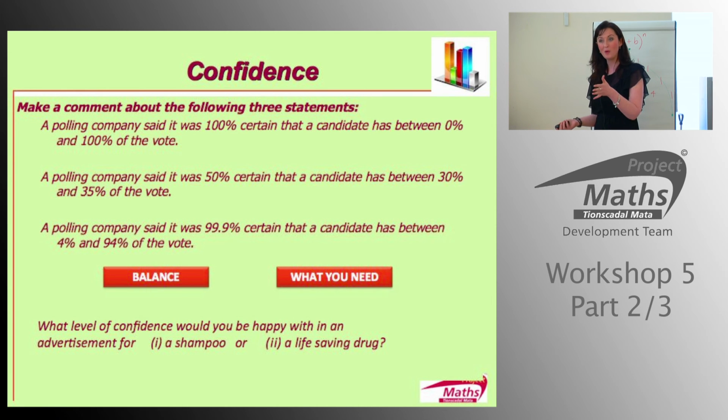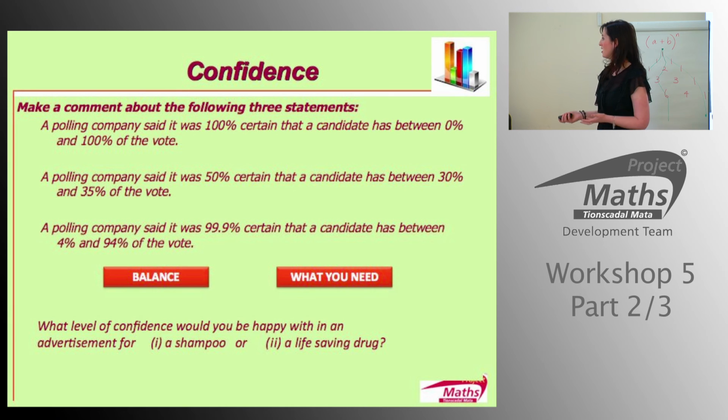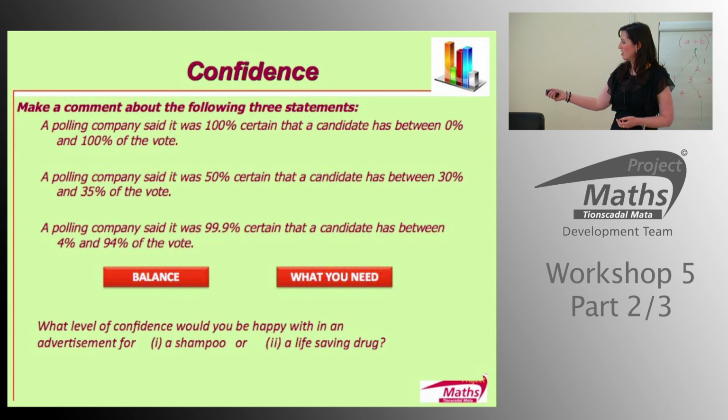And not only is there a balance, it kind of depends what you are surveying as well. What level of confidence do you want on your shampoo bottle that says this shampoo makes 94% of women have amazing hair? What confidence level do you want in that statement?